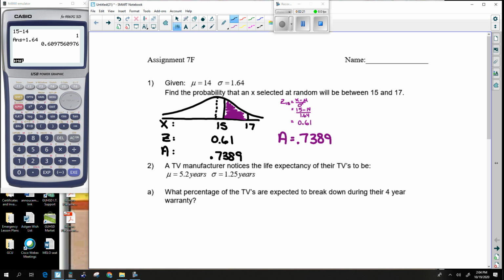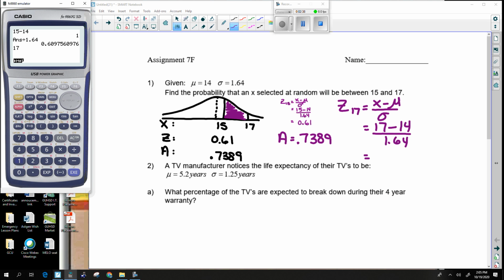All right, now I need to repeat this process with the 17, and then I can find the area in between. So I begin with the z-score. 1.83, again, round to 2 decimal places.